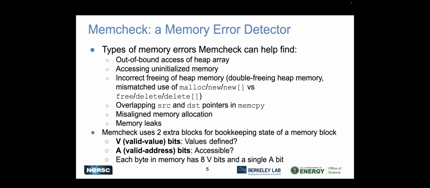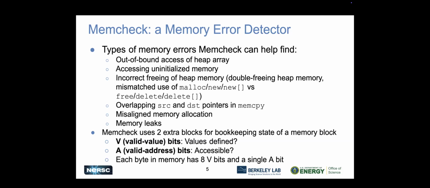What Memcheck does is it uses two extra blocks for bookkeeping the state of each memory block. The first is called the V-bit. That is to check whether the values are valid, so whether the values are defined or not.